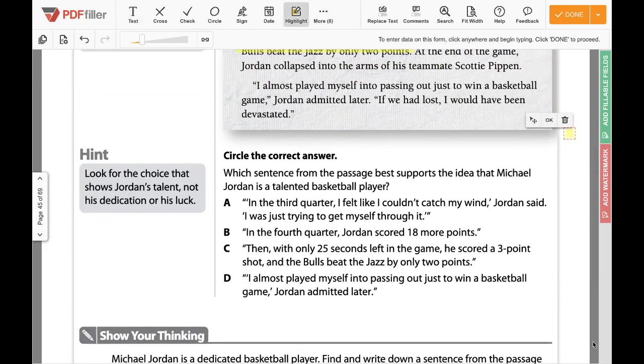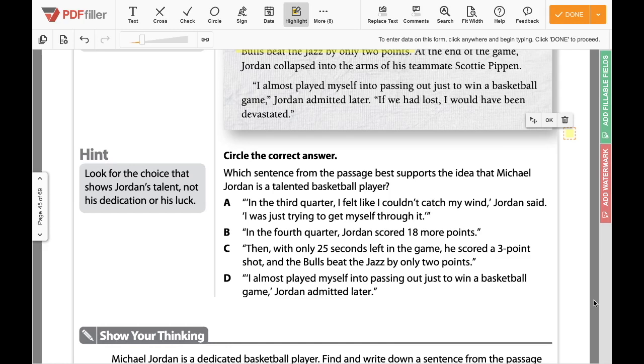So if we move down here, it says, look for the choice that shows Jordan's talent, not his dedication or luck. So which sentence from the passage best supports the idea that Michael Jordan is a talented basketball player? So we're looking for his talent, like his actual skill, not his dedication or his luck.